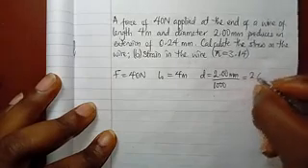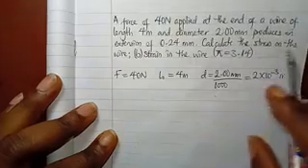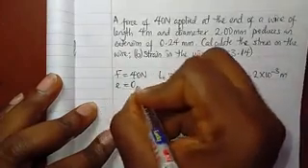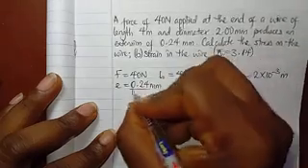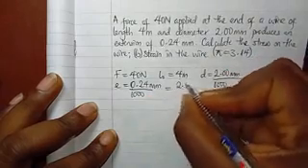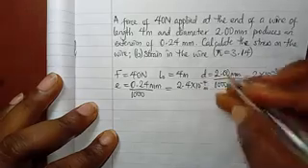So we are going to have 2 times 10 raised to power minus 3 in meters. Okay, produces an extension, so we still have extension is 0.24 millimeters. We convert to SI units meters by dividing by 1000. We're going to get 2.4 times 10 raised to power minus 4 meters.